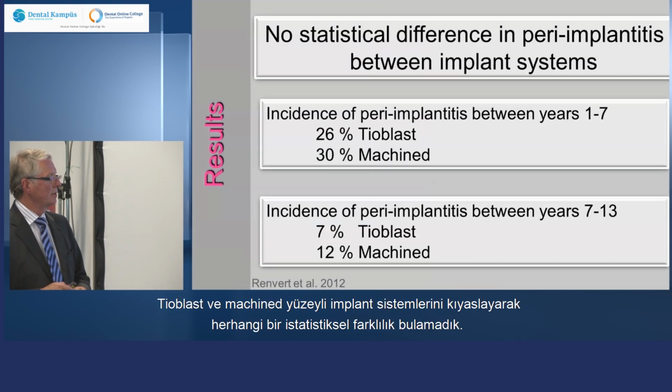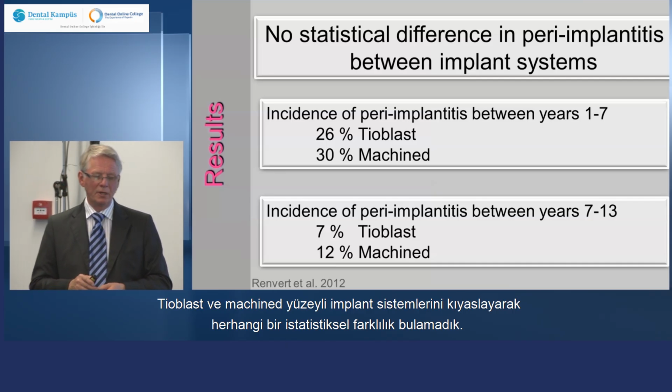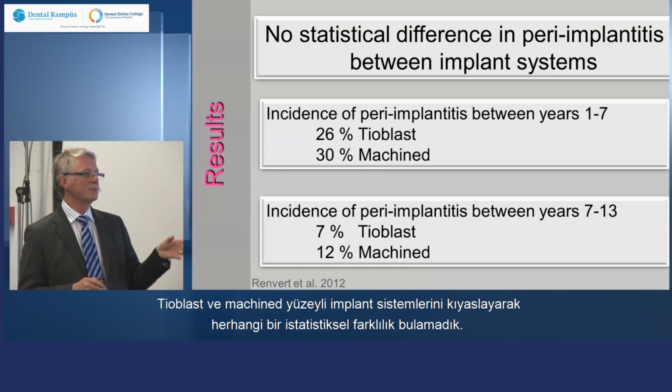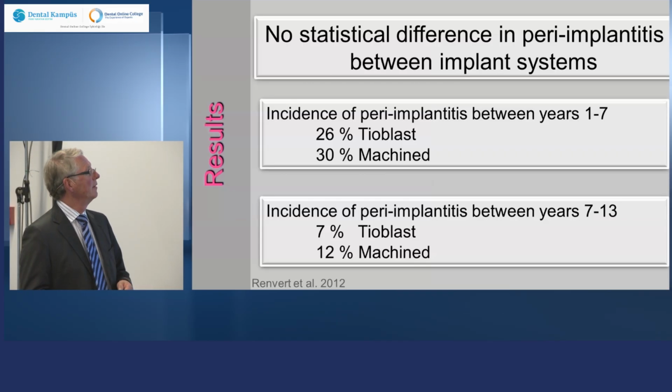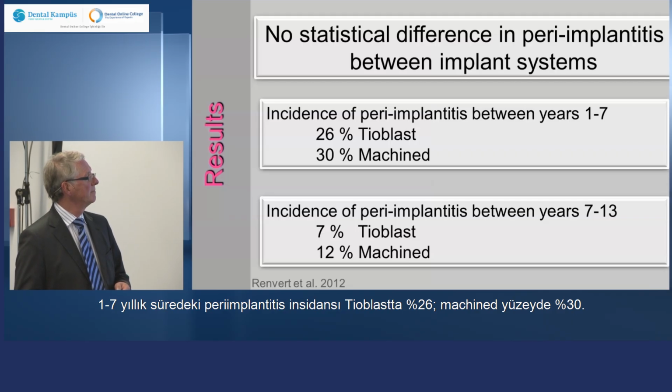Comparing those two implant systems, the tyoblast and the machined, we cannot find any statistical difference between those systems over time. The incidence of periimplantitis between years 1 and 7 is 26% in the tyoblast and 30% in the machined.